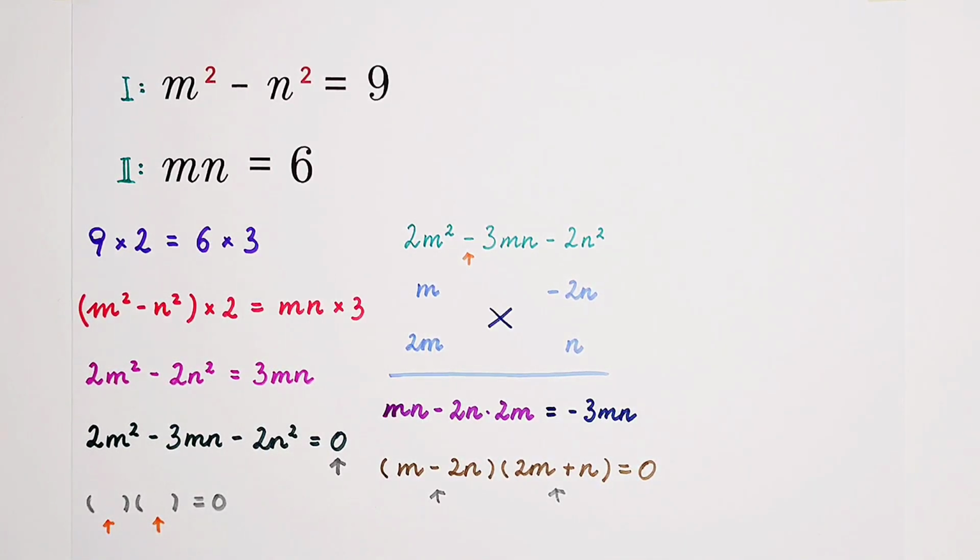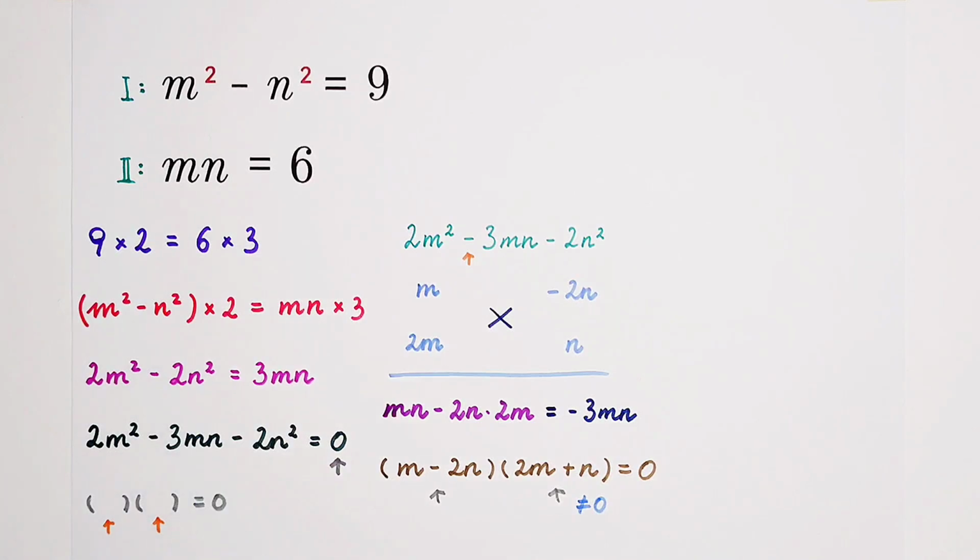The question is, can 2m plus n be equal to 0 or not? 5 seconds for reflecting. The answer is absolutely not. 2m plus n cannot be equal to 0. Oh, maybe you have a question. Why not? I'm going to explain it to you now.